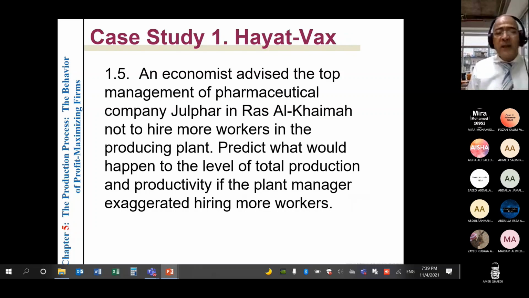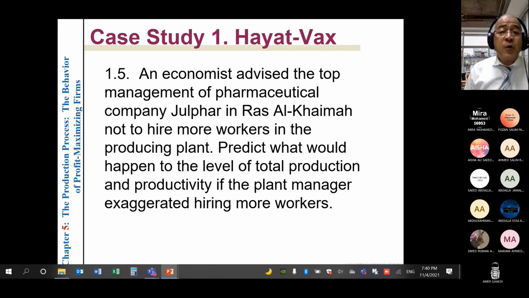So why? It seems that after reaching the full capacity, if they insist on hiring more workers, they will enter into the third stage of production. As you add more units of labor after the full capacity, total product may decrease, causing marginal product to take negative value. And it is definitely not nice.